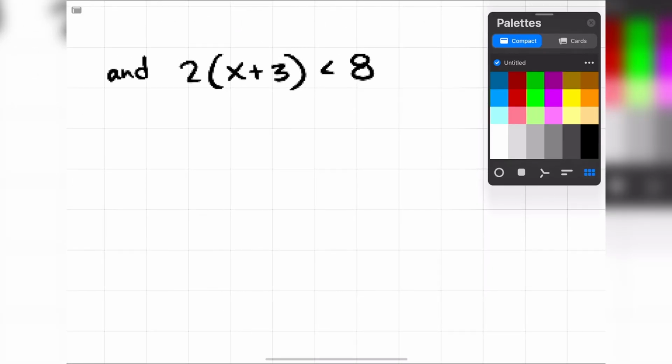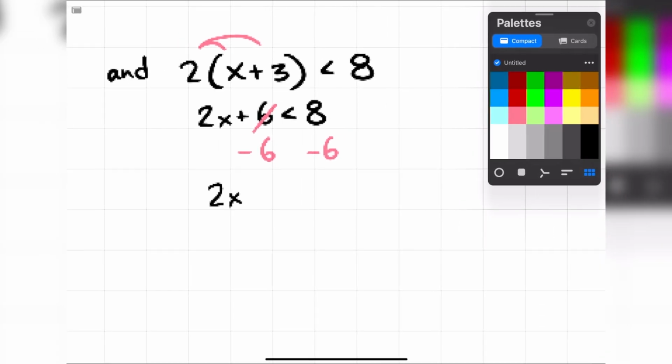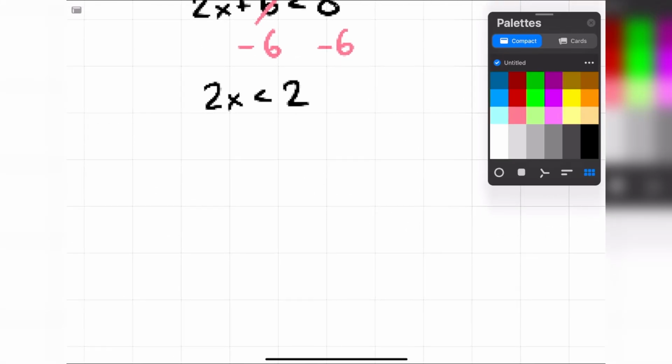Next one is we distribute this guy. That'll get us 2x plus 6 is less than 8. We can then subtract the 6 from both sides to get us 2x less than 2. Then we can divide them both by 2. That'll cancel that out, leaving us with x is less than 1.